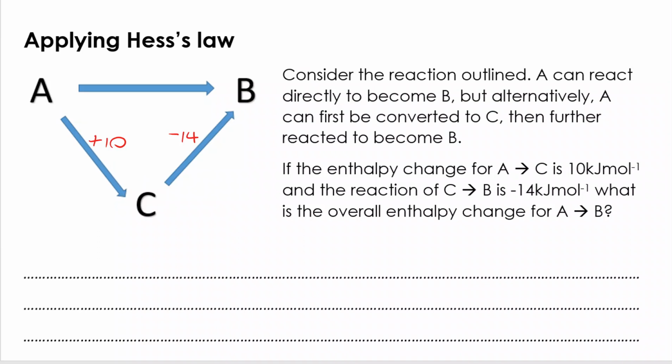A to C is plus 10, C to B is minus 14, so we need to find out what A to B would be. And what we get is the sum total is the same. Plus 10 and minus 14 is equal to minus 4. So because Hess's law tells us that the overall energy change is the same whichever route is taken, we can be confident that that is minus 4.